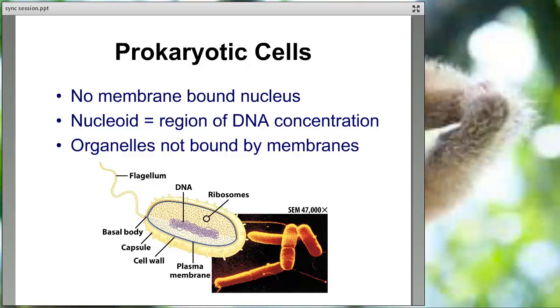Here we have a cartoon picture of bacteria, and then here's an actual one under a microscope. Because it has a flagella, it does look like a sperm. There are other types of cells that have flagellum that aren't sperm, but that's the one that is most common to us.